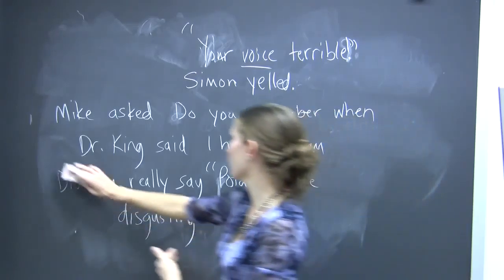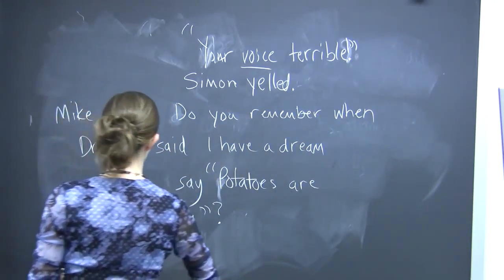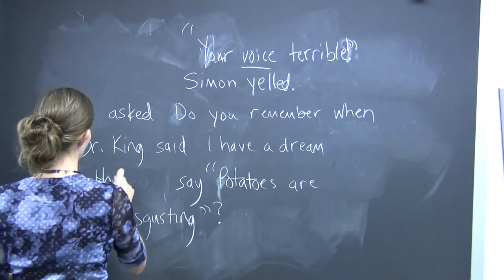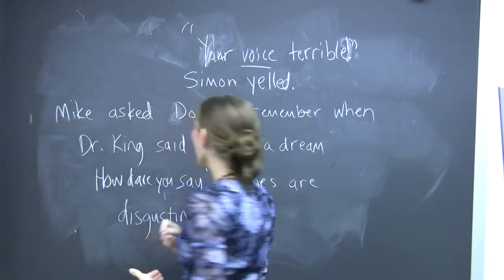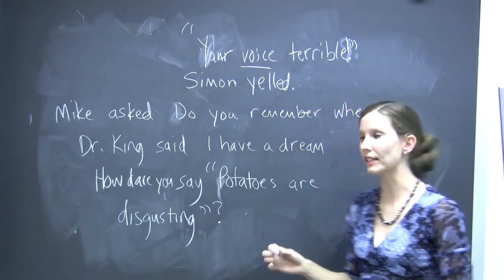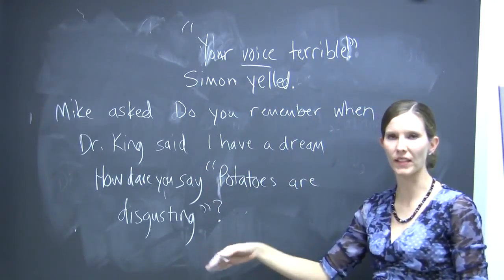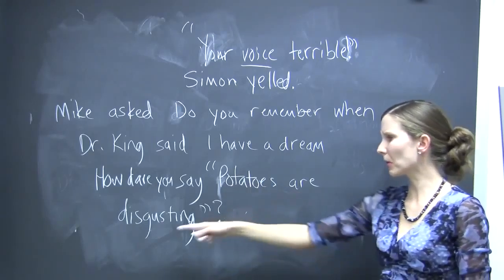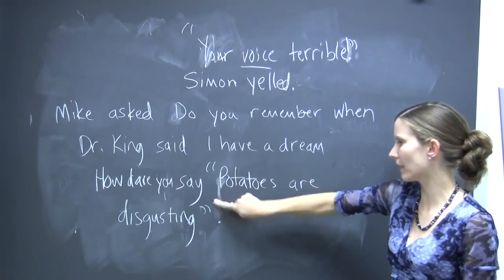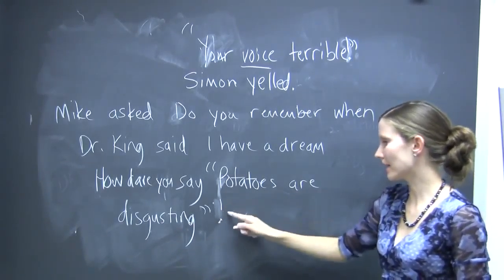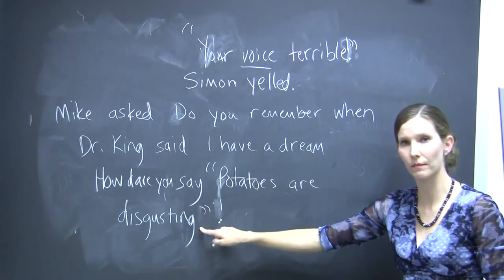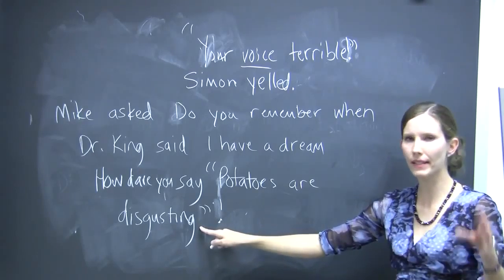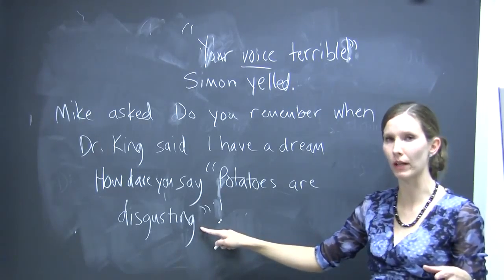For example, how dare you say "potatoes are disgusting"! If I am exclamatory about this and I'm upset about it, but this person was not, I would indicate that by punctuating my sentence with the exclamation point rather than what this person said. We'll practice this more. It doesn't come up that often, but it's important for you to be aware of.